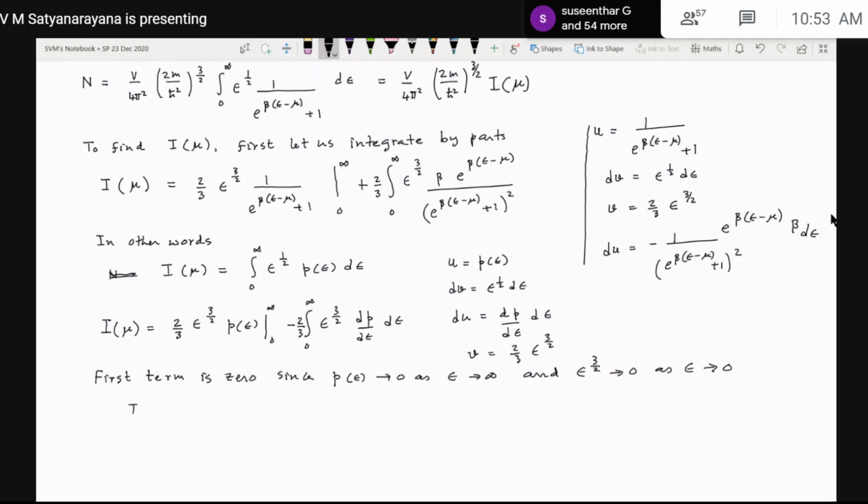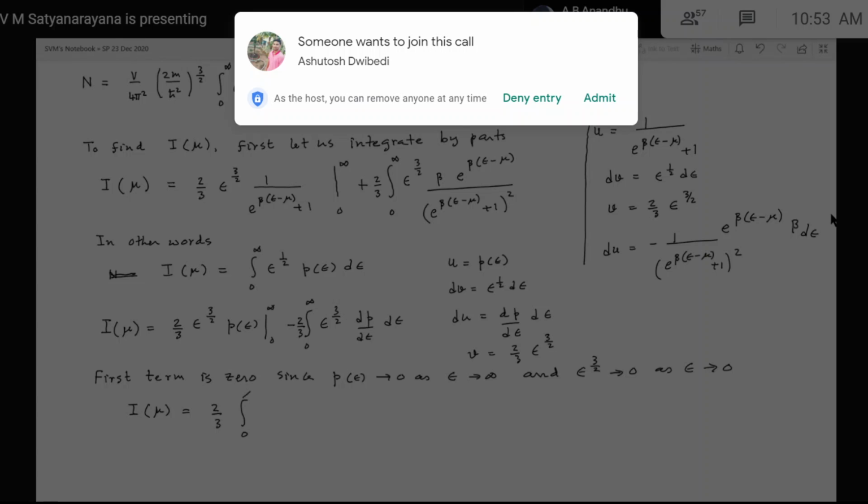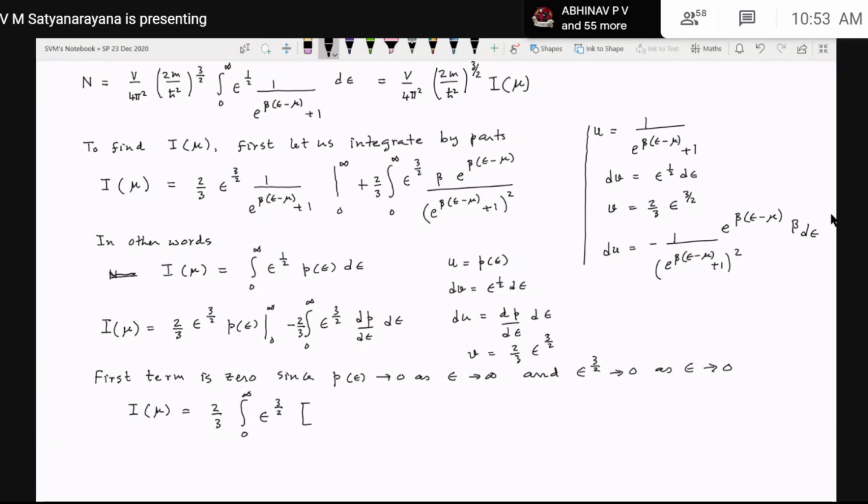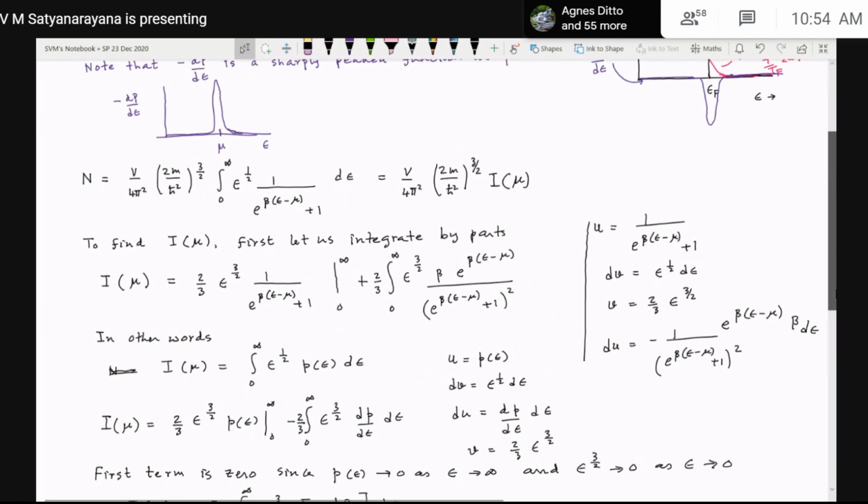So my I of mu is equal to 2 by 3 into integral 0 to infinity epsilon to the power 3 by 2 into minus dP by d epsilon into d epsilon. Now remember, this minus dP by d epsilon is what we have plotted here.